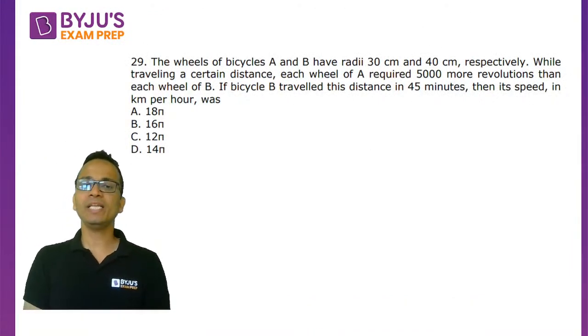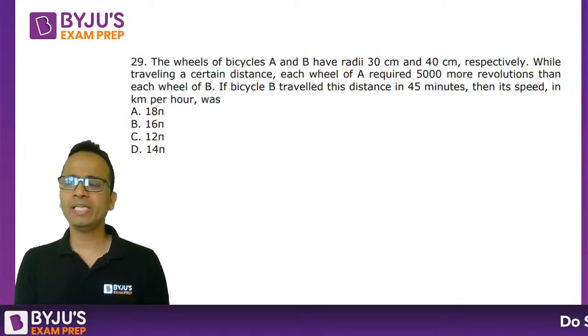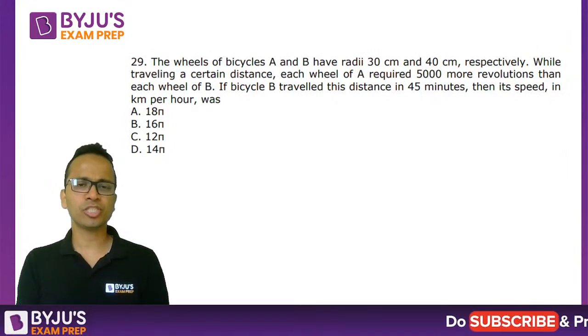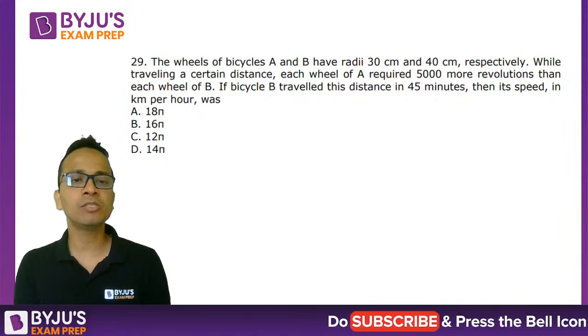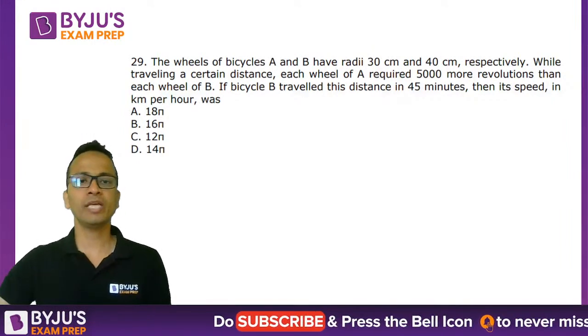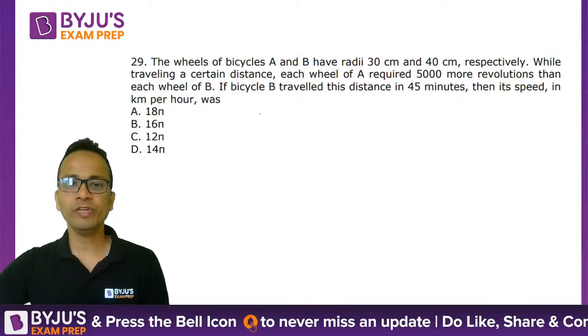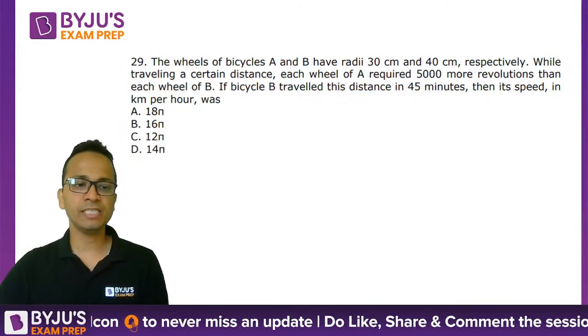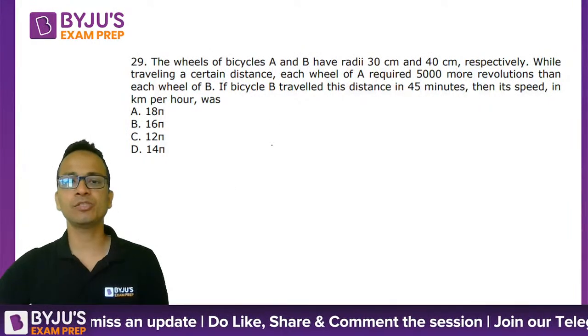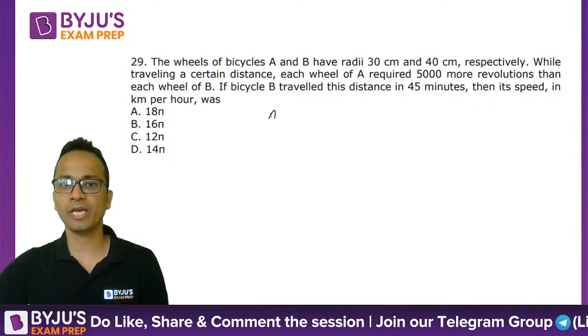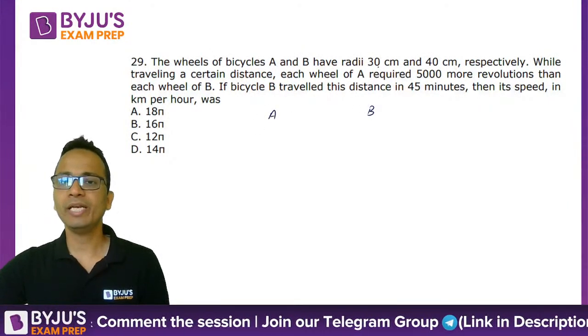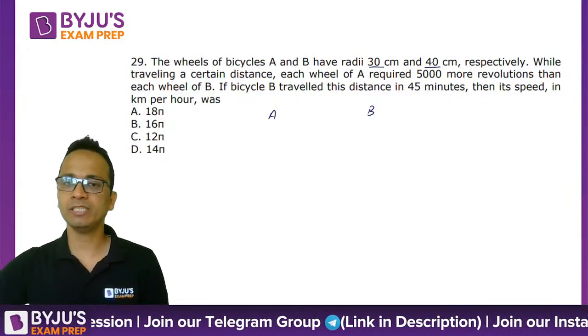Now, question number 29 is a simple question based on the circumference of a circle. So there are two wheels of a bicycle, wheel A and B. Wheel A ka radius is 30 centimeters and wheel B is 40 centimeters. So A and B radius are 30 and 40 centimeter.